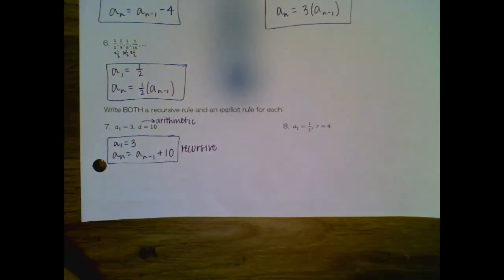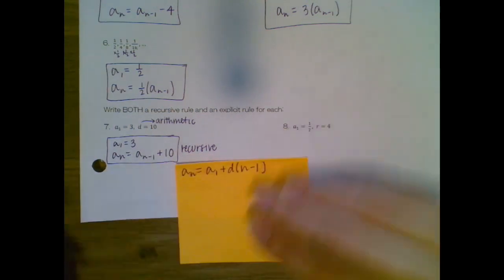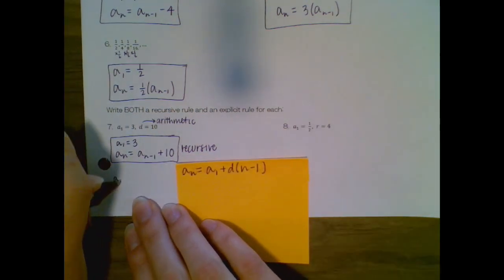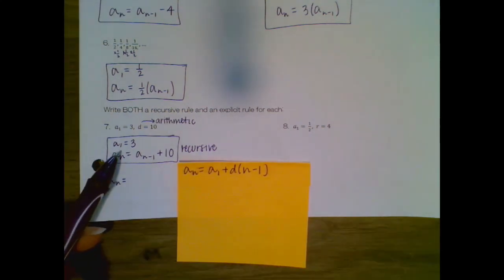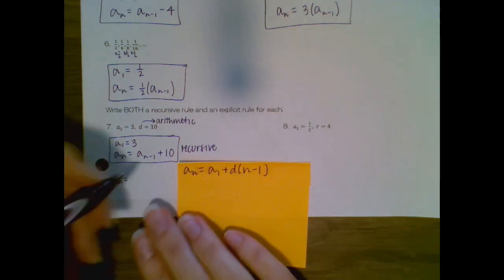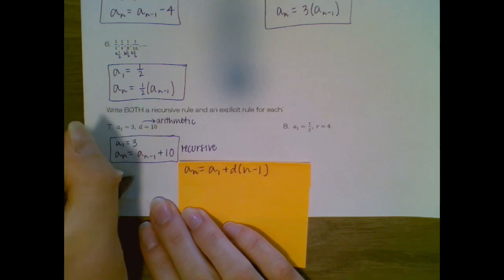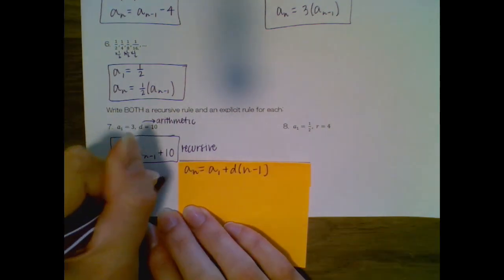Okay. Now for the explicit, because this is arithmetic, we're going to use this formula. So a sub n, and you don't have to clarify what a sub n is here, because remember, the explicit formula just gives you the formula for any term number. So a sub 1 though is 3 plus the d value, which is 10, times n minus 1.